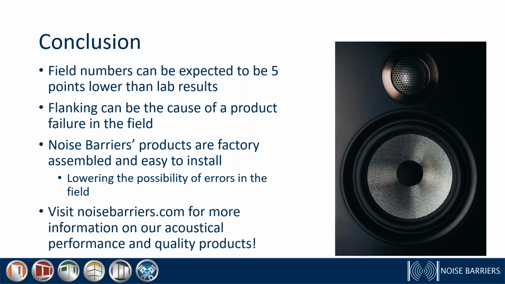If you check out our website, noisebarriers.com, you'll find a whole lot of information, test reports, and STC numbers, broken down by the third octave band, so you can see how it performs at different frequencies, low, mid, and high. We tend to provide a lot of that information and additional information on the products as well.